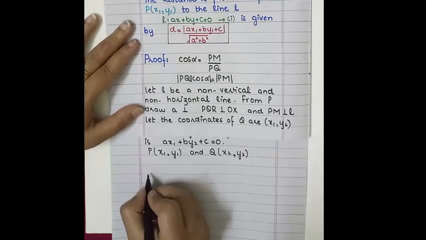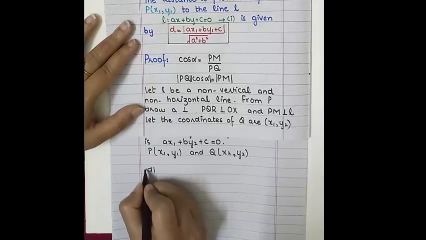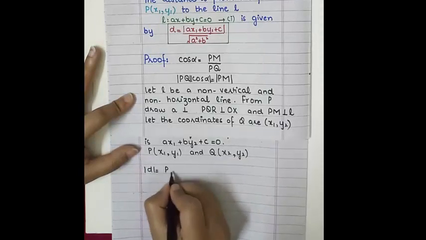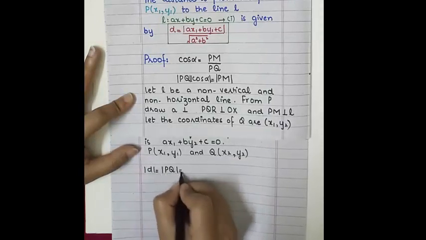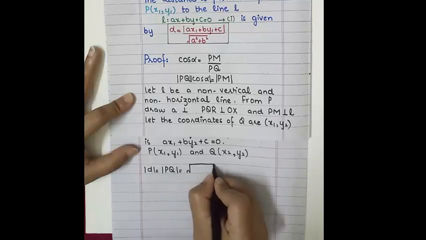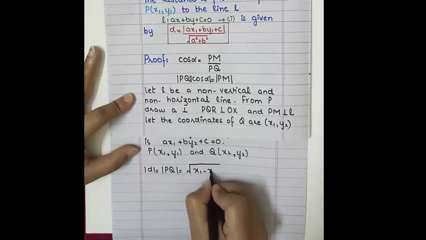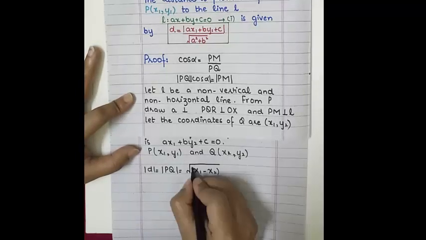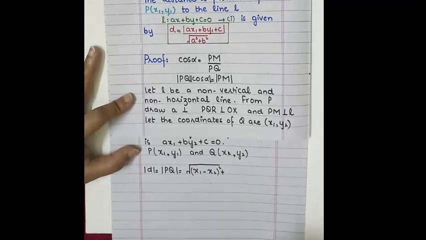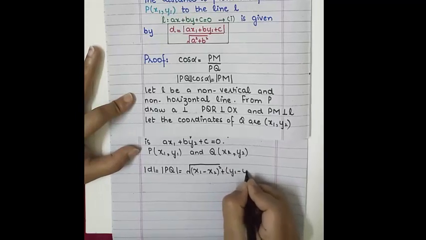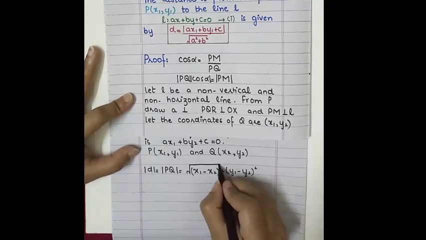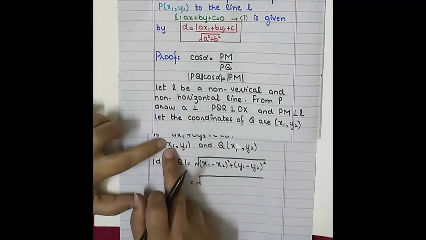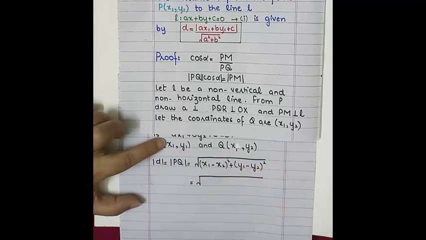So to find the distance, we have the formula: the distance PQ is the square root of x1 minus x2, whole square, plus y1 minus y2, whole square. So this is the formula to find a distance. This is x1, this is x2, this is y1, this is y2.